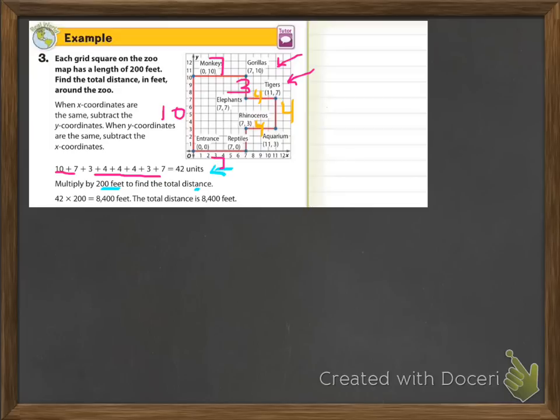Then from the reptiles to the, it looks like, rhinoceros, they share the 7, so that means that this is the 3, because 3 minus 0 is 3. So now you found all the side lengths, and that's where they get all these numbers right here. So you just want to maybe play that video back a little slower, go back and just make sure that you know how to identify each one of those side lengths.